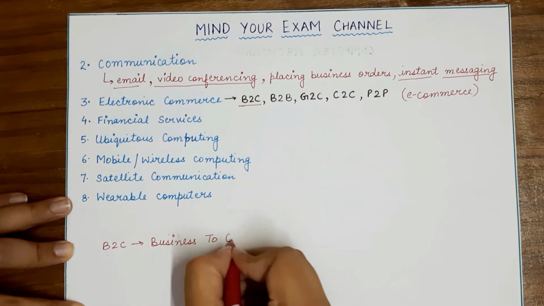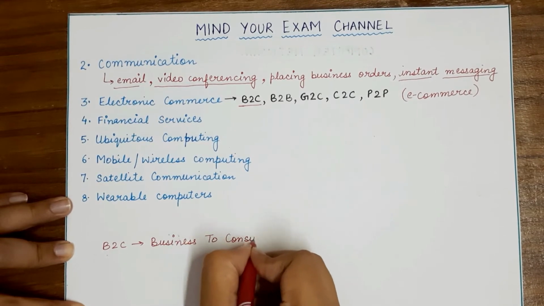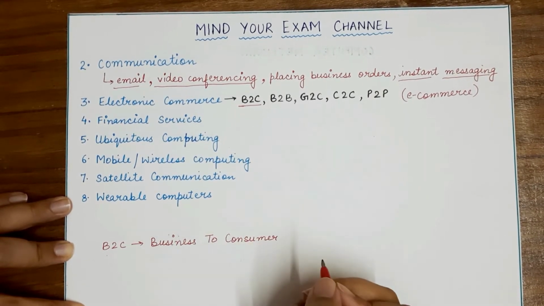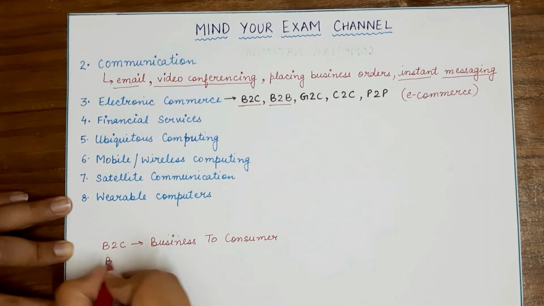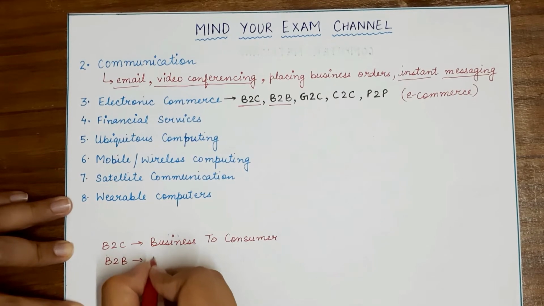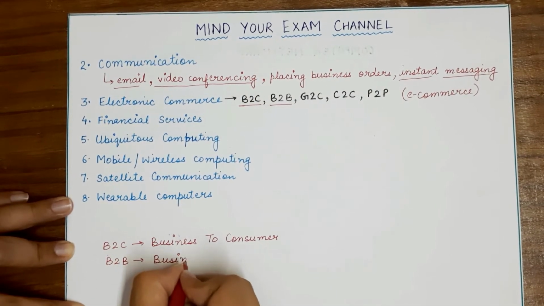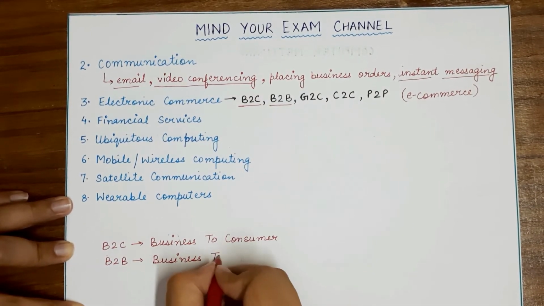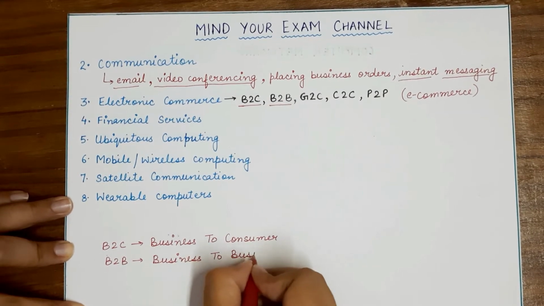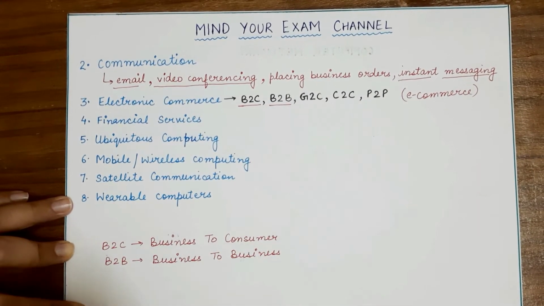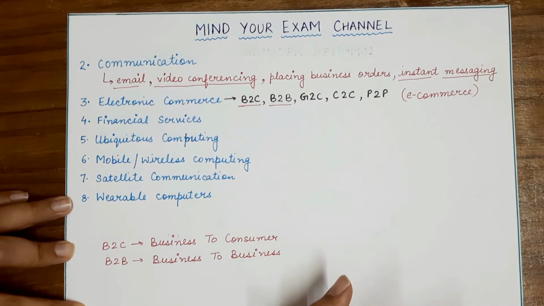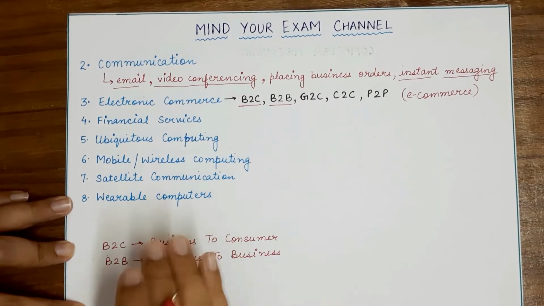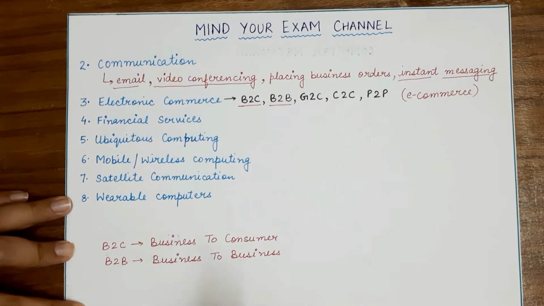They are a business and they are providing services directly to the consumer. The next form of e-commerce is B2B, which means business to business. Amazon will fall under this categorization also, because Amazon ties up with small businesses who want to sell their products on the Amazon platform. So Amazon in itself is a business and it is collaborating with other businesses also.